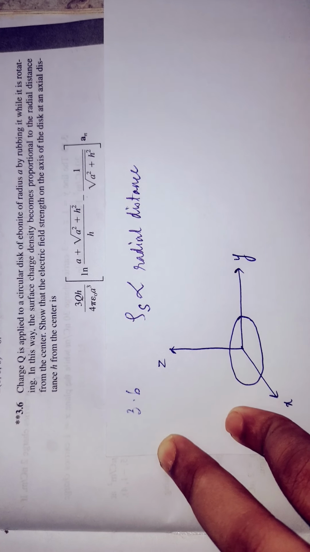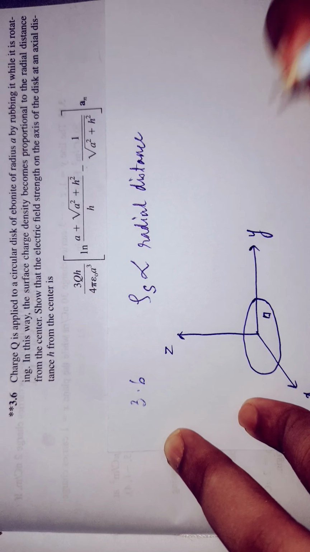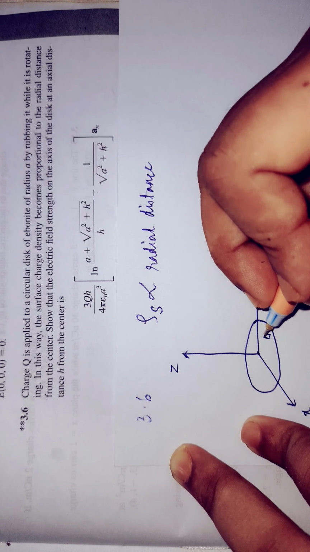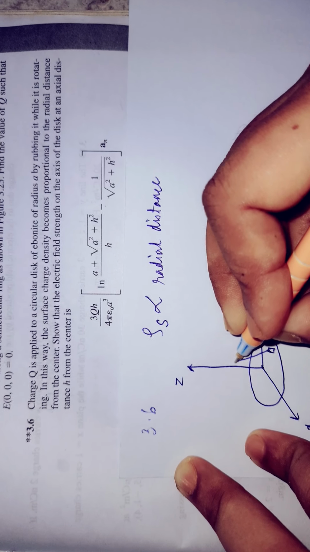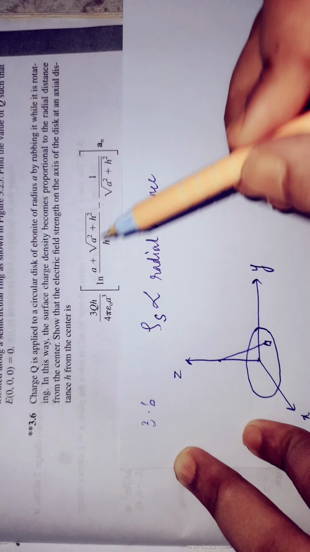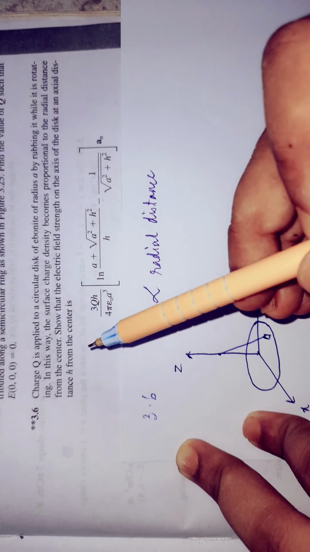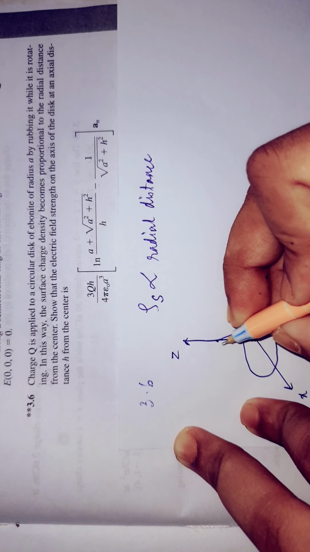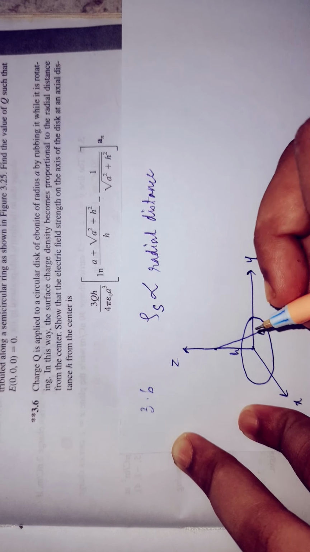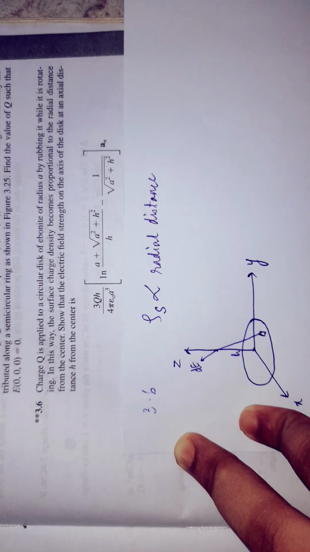Then let me take a random surface element from the disc here, and suppose I have to find the electric field at some point here. It says the electric field on the axis of the disc at an axial distance h from the center. So let this distance be h.